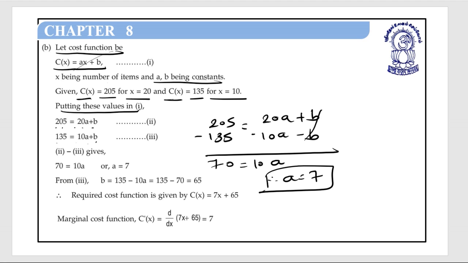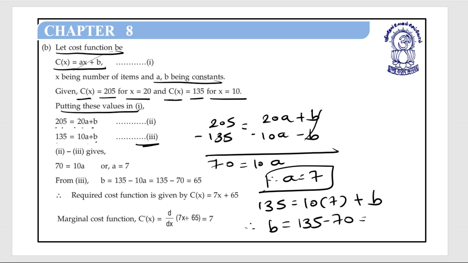To find b, put the value of a into equation 3. So 135 is equal to 10 into 7 plus b. 135 minus 70 is 65. Required cost function is given by C of x is equal to 7x plus 65. Marginal cost function C dash x is equal to d by dx of 7x plus 65. It is 7.